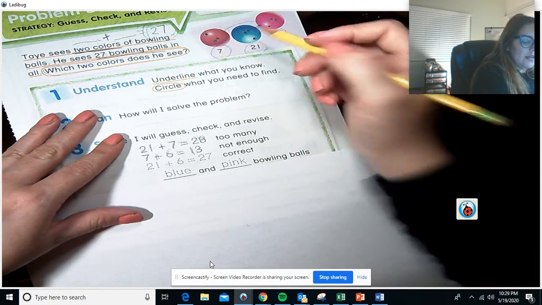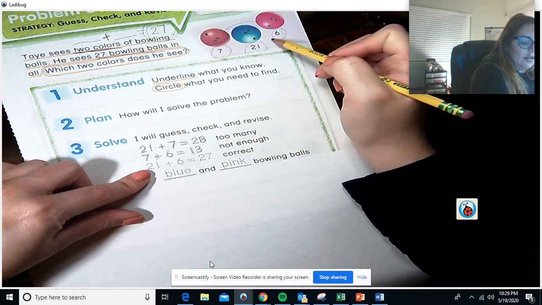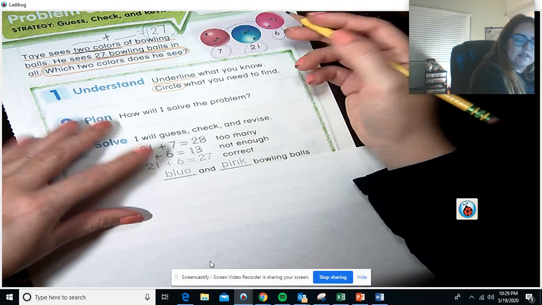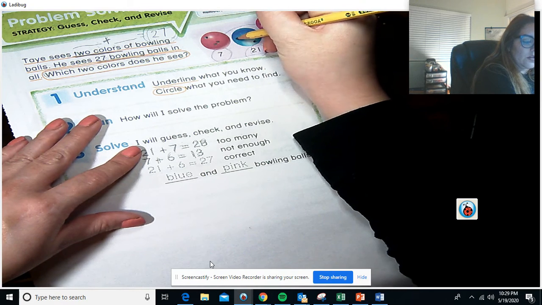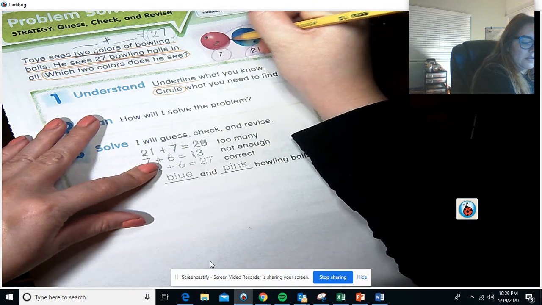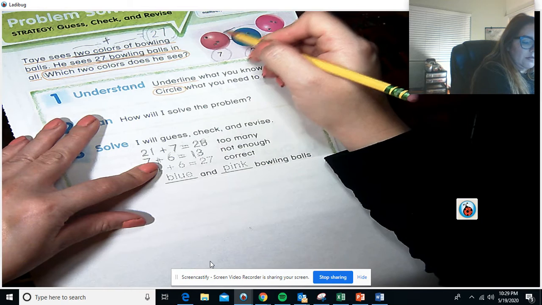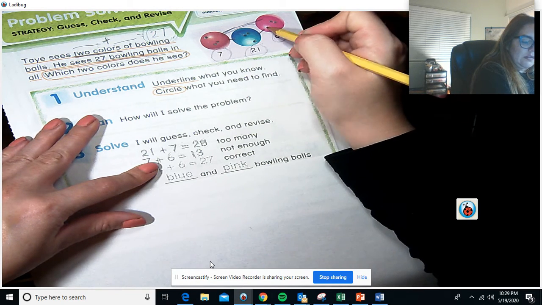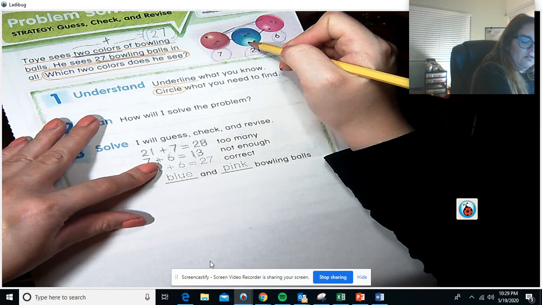Or maybe he saw 21 and 6. So I kind of see it like a triangle. So first it's this one and this one. Then it's this one and this one. And then we try this one and this one. So it's kind of like a triangle.